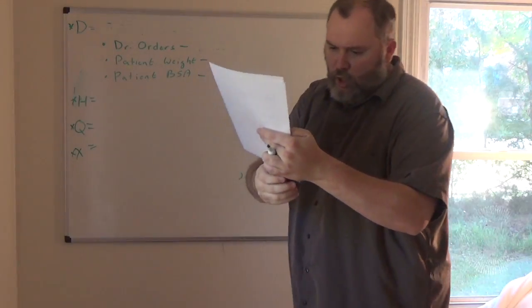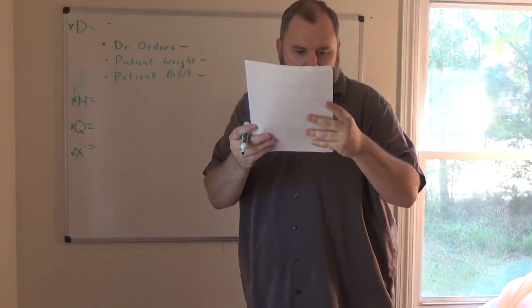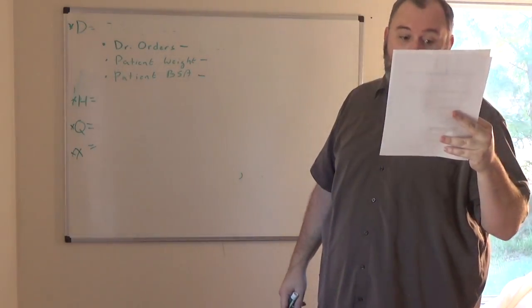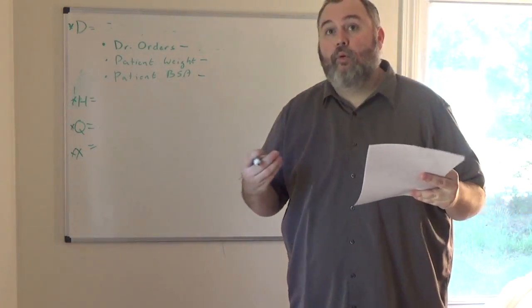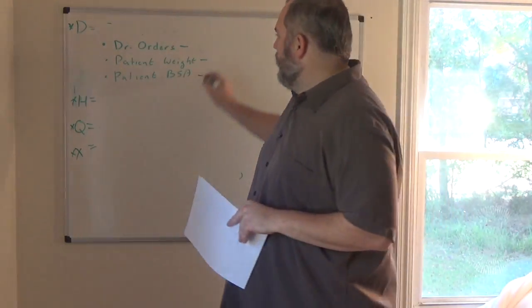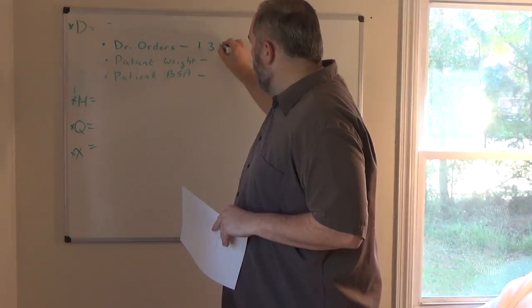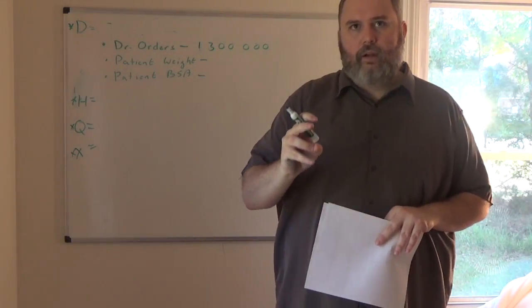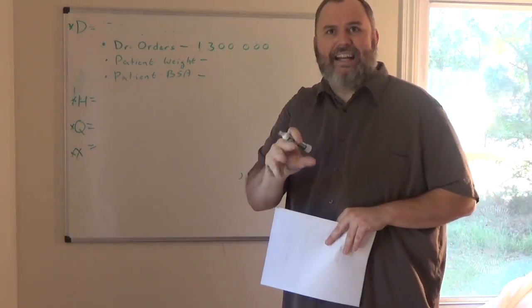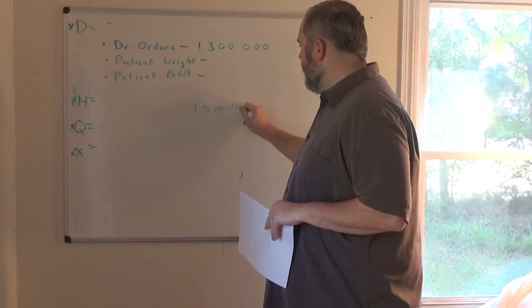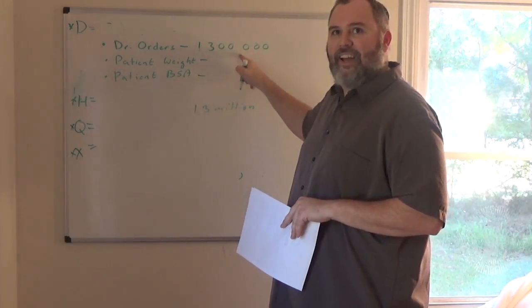Okay. Order: penicillin G procaine 1.3 million units IM stat. You need 1.3 million. Another way of writing 1.3 million happens to be this, 1,300,000. Just to give you a side lesson, 1.3 million is the same thing as 1,300,000.